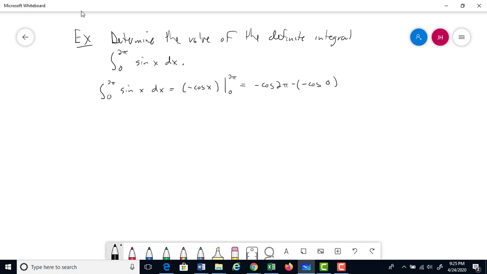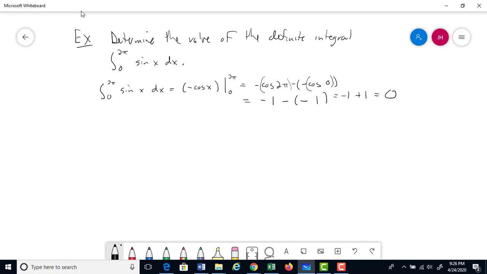So I know the cosine of 2 pi is going to be equal to 1, minus, I know that the cosine of 0 is going to be 1, so this is going to be minus, remember this piece right here, the cosine of 0 is also going to be 1. So what I get is negative 1 plus 1, which is equal to 0.